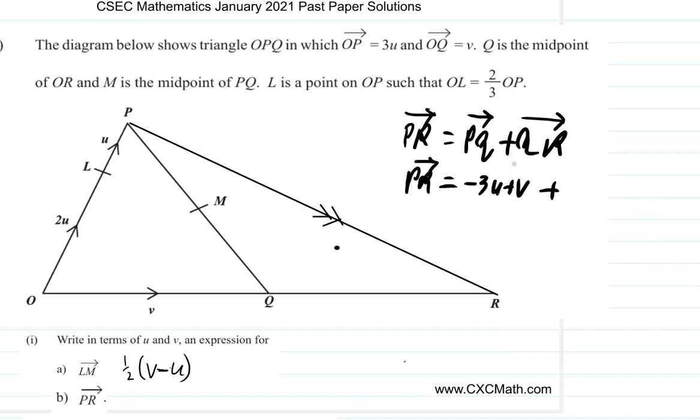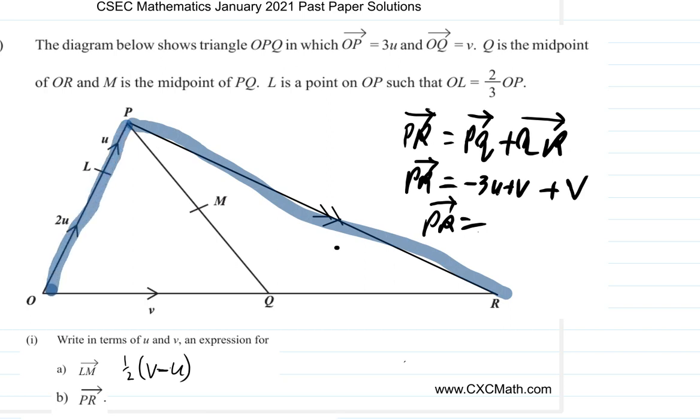We said PR is PQ. PQ is negative 3U plus V, plus QR, which is plus V. PR is the same as going in the opposite direction as 3U, negative 3U plus V, which is the same as PQ. Do that again and make sure you understand.